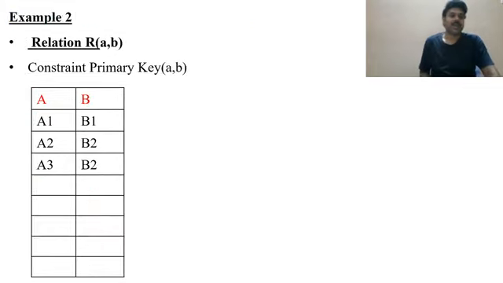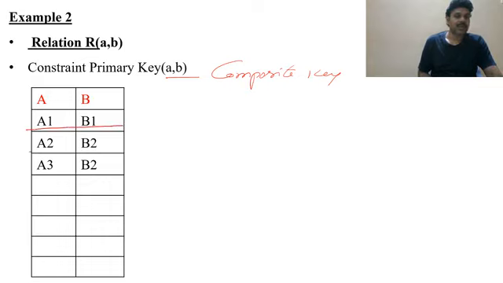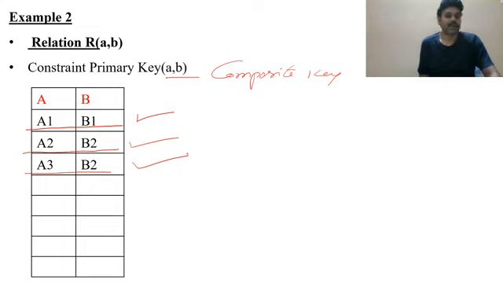Now let us look at whether the following values are allowed or not allowed when the primary key is defined on AB. When I am saying that the primary key is available on multiple keys, then it is called what, friends? Composite key. We will check the uniqueness based on AB. A1 B1 correct, A2 B2 correct, A3 B2 is also correct.